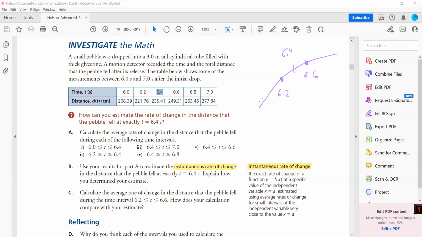In this particular case, we could take 6.4 and 6.6, or 6.2 and 6.4 in order to estimate the instantaneous rate of change at point 6.4, as those 2 points are the closest ones we have.